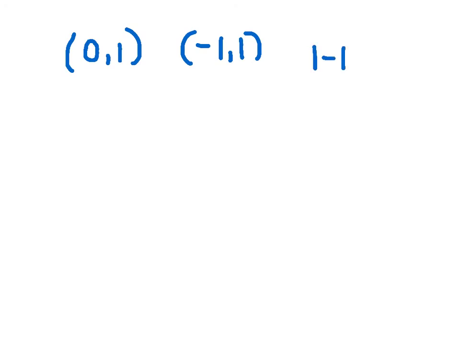If I go on and I extend that idea, let's just do another one. Let's say it goes through 0, 1, and negative 1, 1. Okay, so if I compute the slope, I have 1 minus 1 over 0 minus negative 1. So that means 0 over 1.